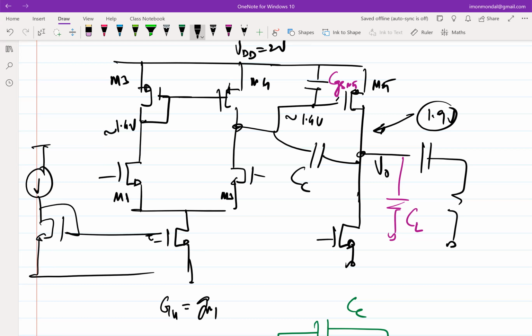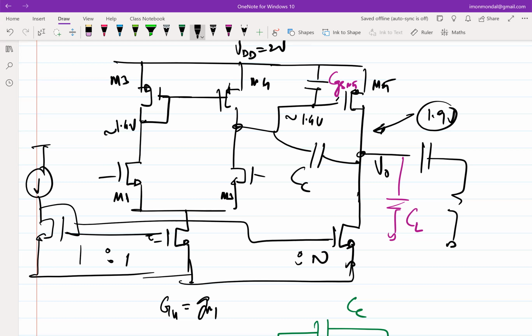Let's say this is 1:1, and this is connected, and this is maybe 1:n, depending upon how much current you want on the right-hand side branch. But the key thing is that the second stage is still a current source. The bottom guy is still a current source. So the output impedance of this open loop stage is still high.